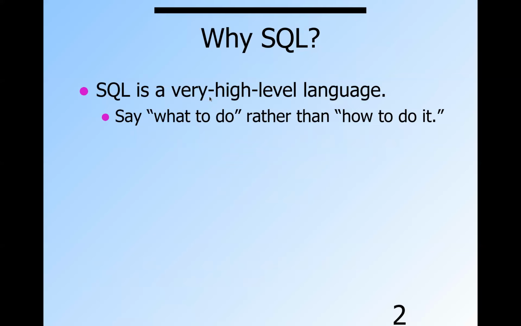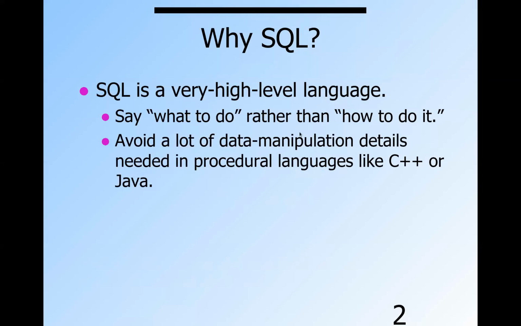Saying what to do is what's called declarative, and how to do it is procedural. The truth is that SQL is a mix of both. It has relational algebra aspects embedded within it, so that you can tell it how to do it, not just say what you want. It avoids a lot of the data manipulation details of a procedural language like C++ or Java.